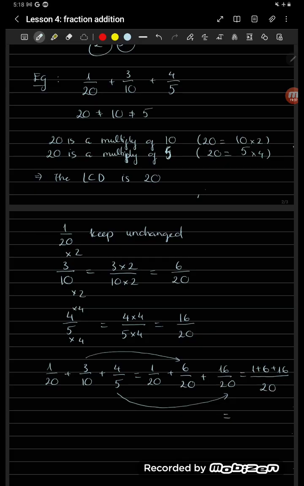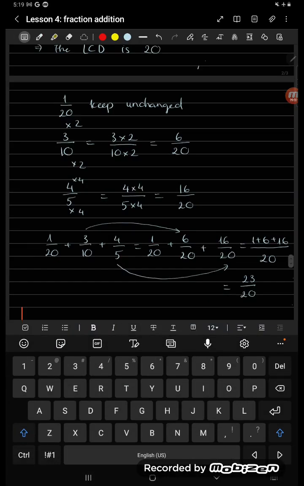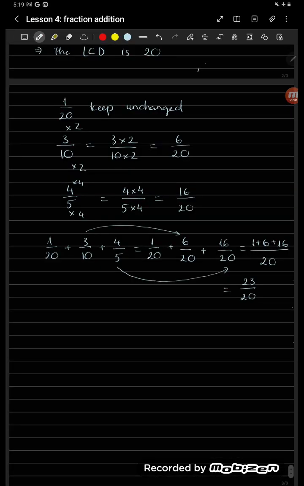Don't do 20 plus 20 plus 20. We only have one number 20 on the bottom part. So now we have 1 plus 6 is 7, plus 16 is 23. So the answer is 23 over 20, and that's the final answer.